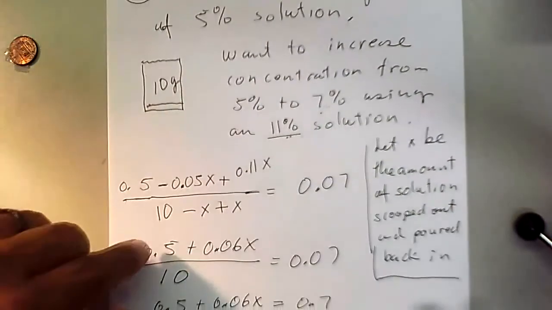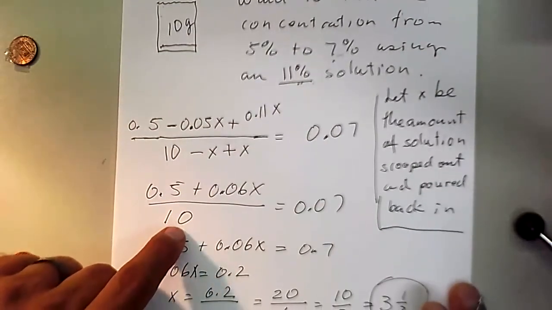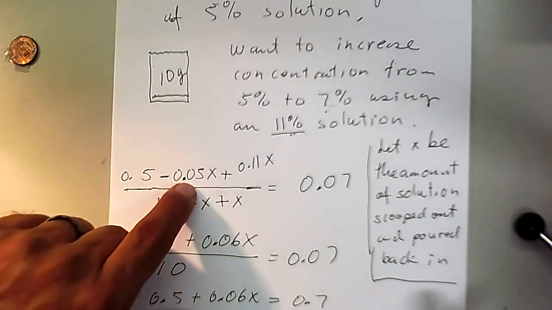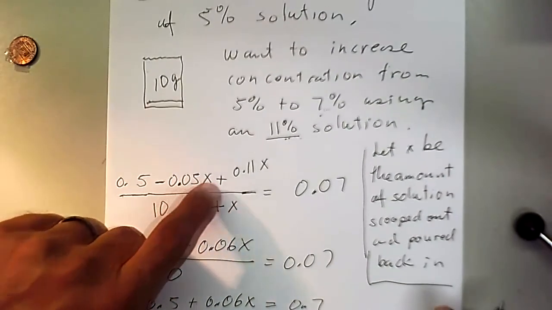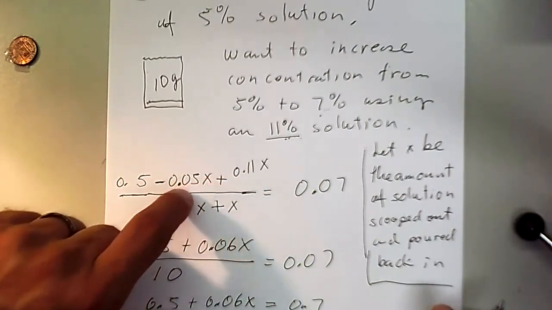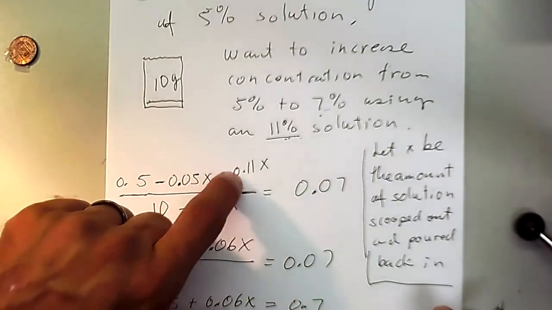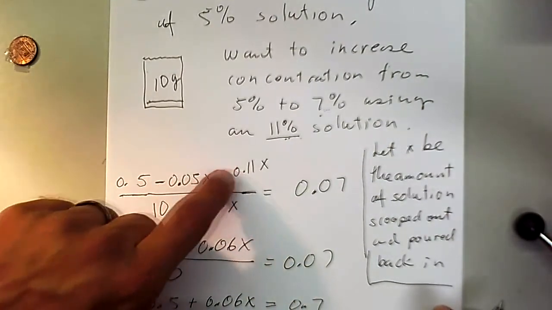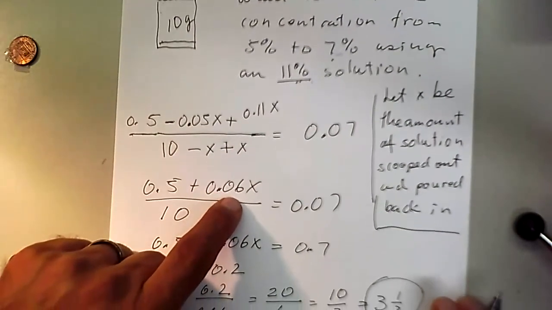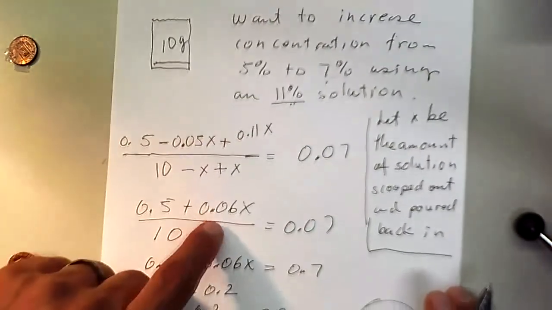Well, that means that we're going to end up with the same volume. So the volume is the same. And every time we're replacing some of the old with the new solution, we're gaining 6%. Okay, because this one is 11 and this one is 5, so the difference is 6.